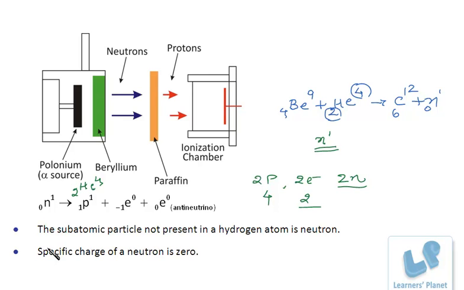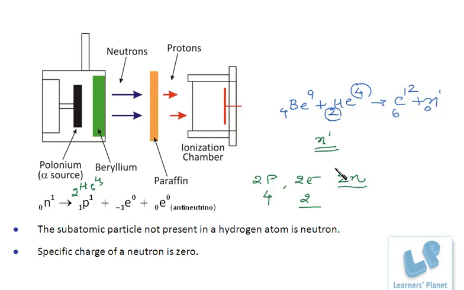Got it, students? So that is how James Chadwick discovered the neutrons, the neutral particles, just by bombarding a thin foil of beryllium with the alpha particle. The helium particle is called the alpha particle. That bombarded the thin foil of beryllium and produced the neutrons.